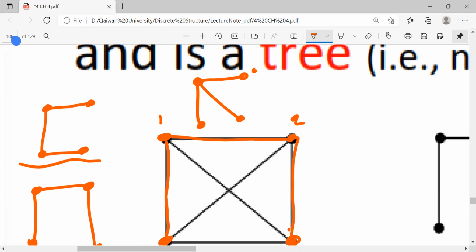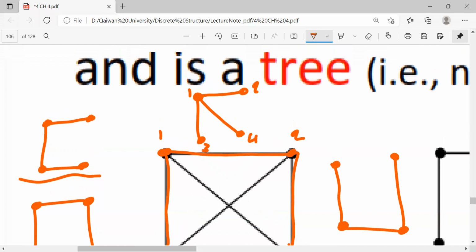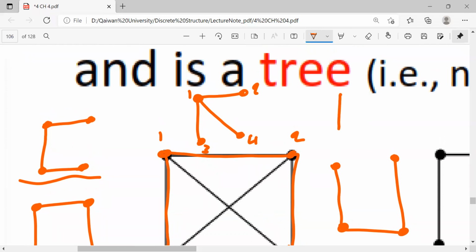This is vertex 2, this is 4, this is 3, that's 1. This is a subgraph of the given graph, and it's a tree. Here we have 4 vertices and 3 edges. Someone else may take it like this. This is also a spanning tree of the given graph.